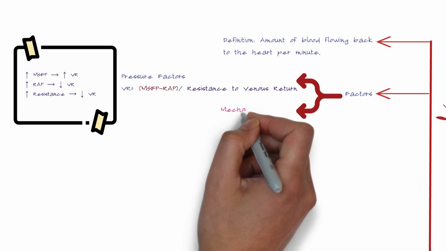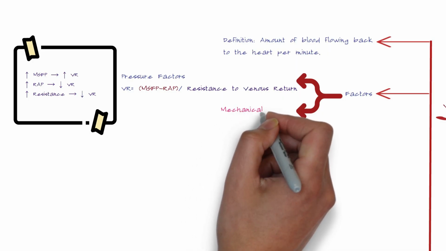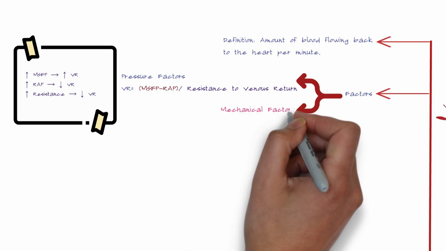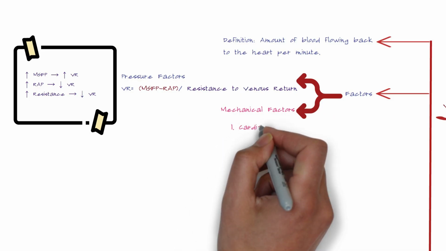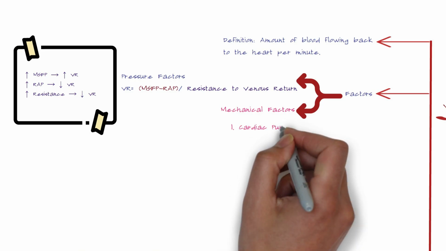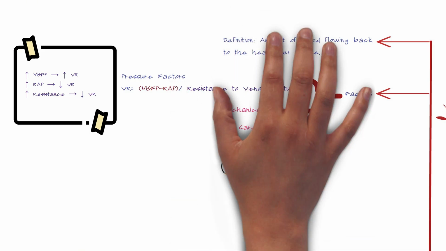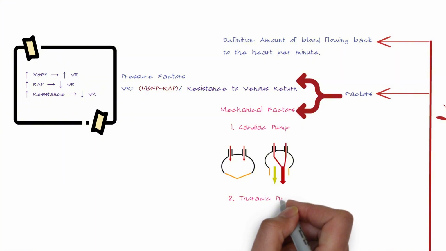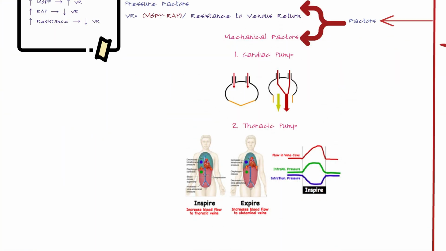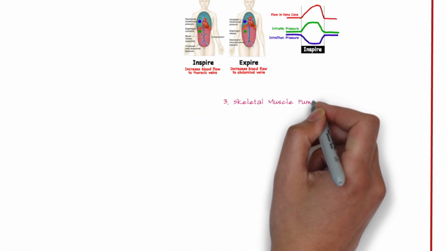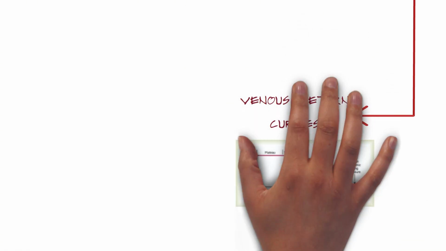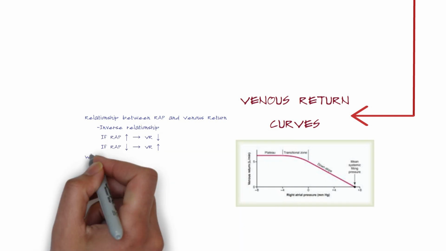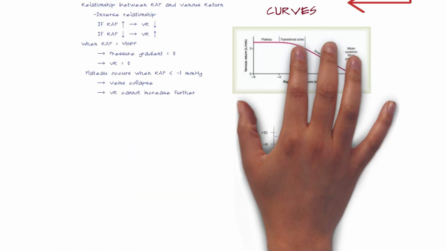It's controlled by two factors, the pressure factor, where the venous return equals the mean systemic minus right atrial pressure divided by the resistance to venous return, and the mechanical factor, the cardiac pump, where the ejection and filling phases both increase the venous return. Thoracic pump: inspiration increases venous return while expiration decreases it. The skeletal muscle pump, of course, increases the venous return.